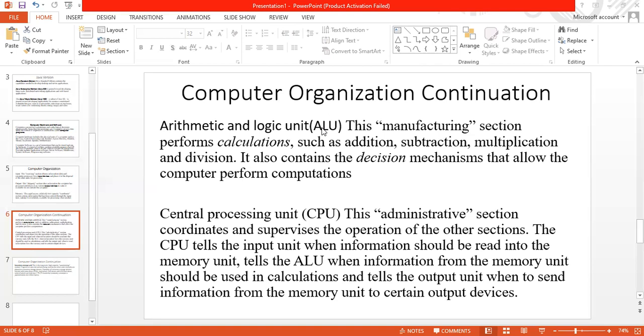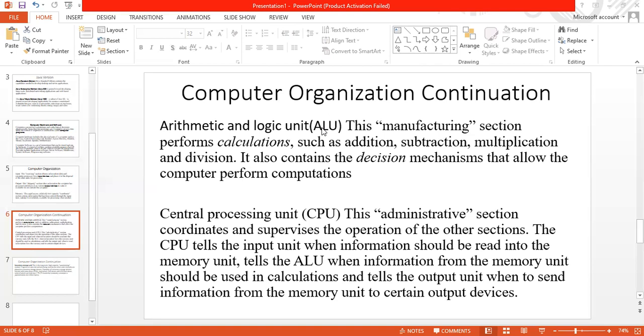You know, for example, we have the aircraft. Aircraft have what is called the black box, and the black box is very, very essential because it coordinates and supervises the operations going on in the aircraft.